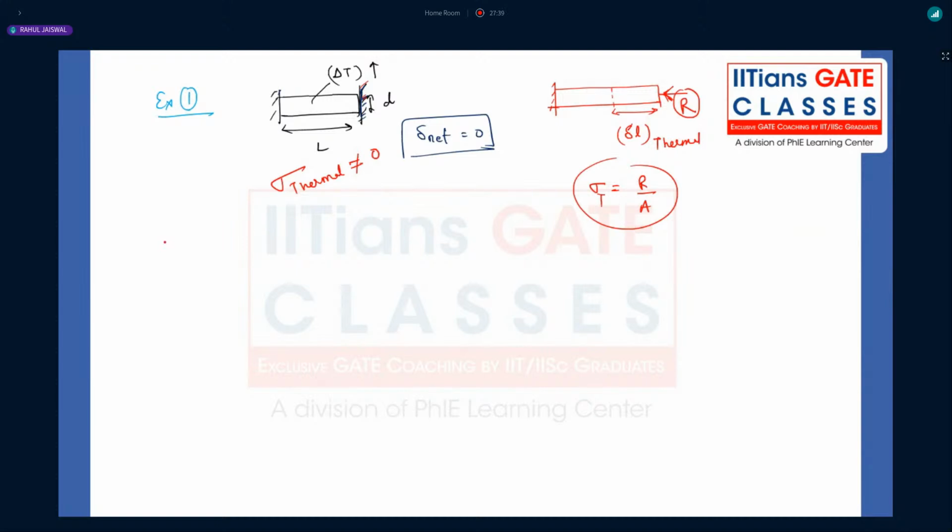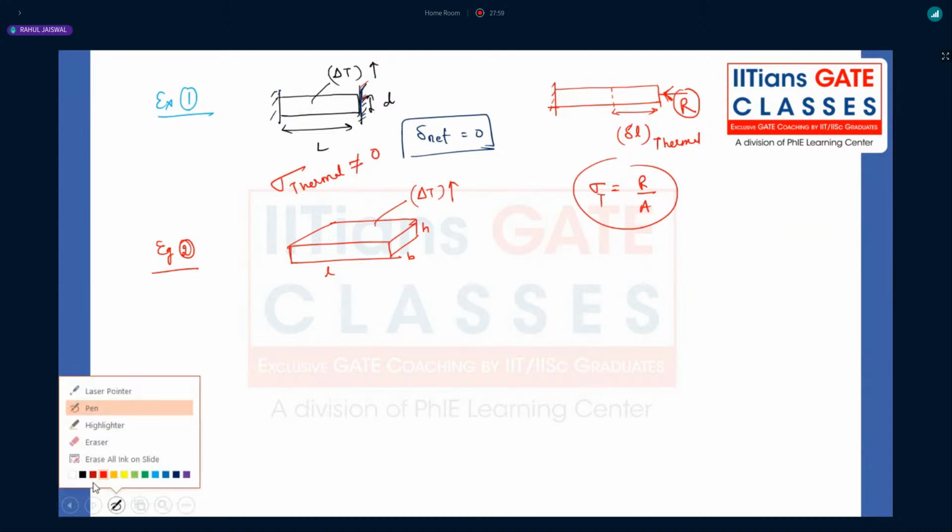But suppose the same body is there, and I simply place it. If I draw the 3D view of that, with length L, breadth B, and height H, and delta T has been increased, then what will happen?